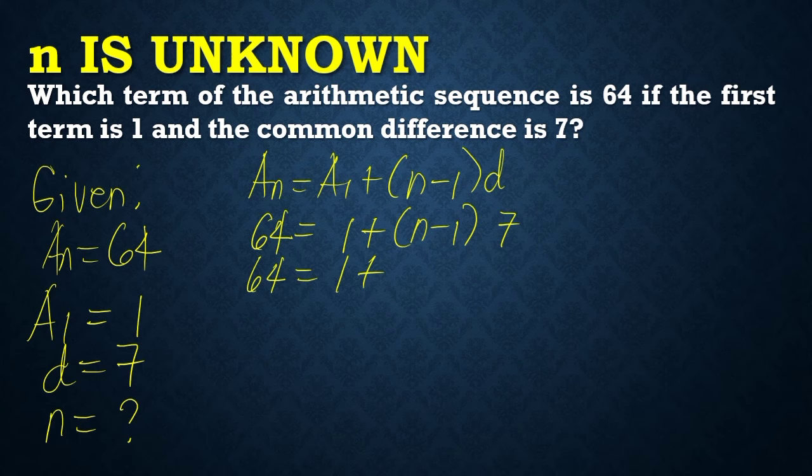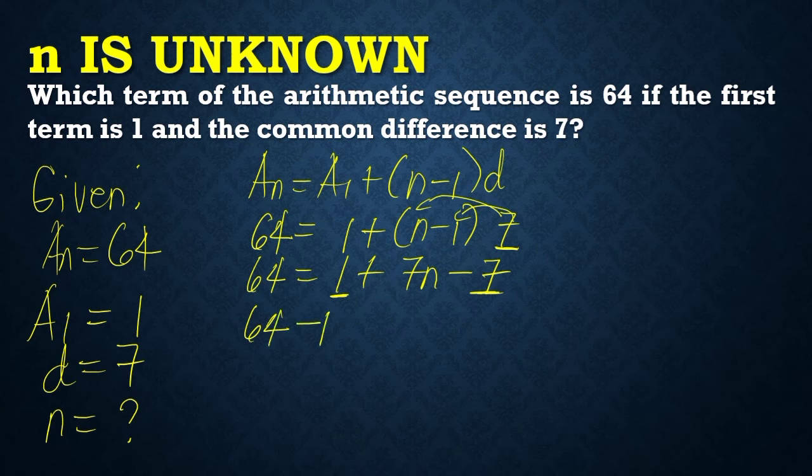So, 7 times n, that is 7n. 7 times negative 1, that is negative 7. Now, lahat ng term na walang variable is ililipat natin sa left side, yung 1 tsaka negative 7. So, magiging ganito siya. 64 minus 1.